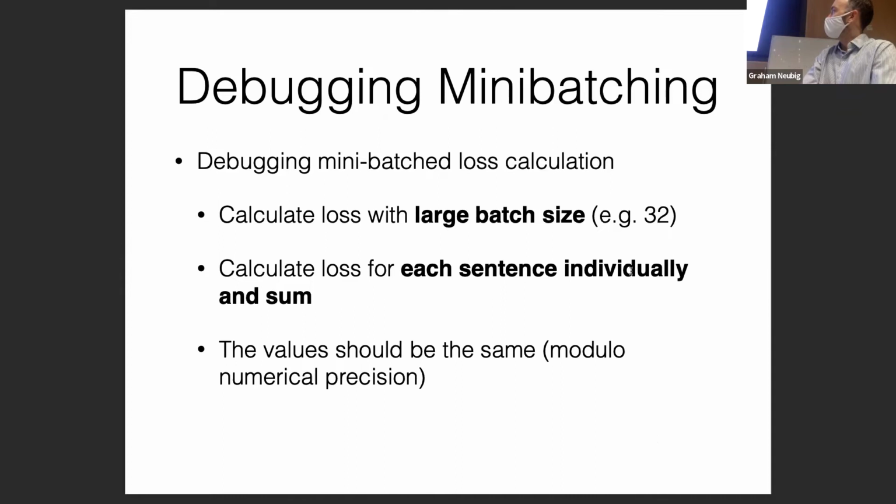Basically the sum of all of the smaller mini batches and the larger mini batch should be the same, minus numerical precision. If you have an issue here, some suspect places could be that your padding is off, or your masking is off, or things like this.